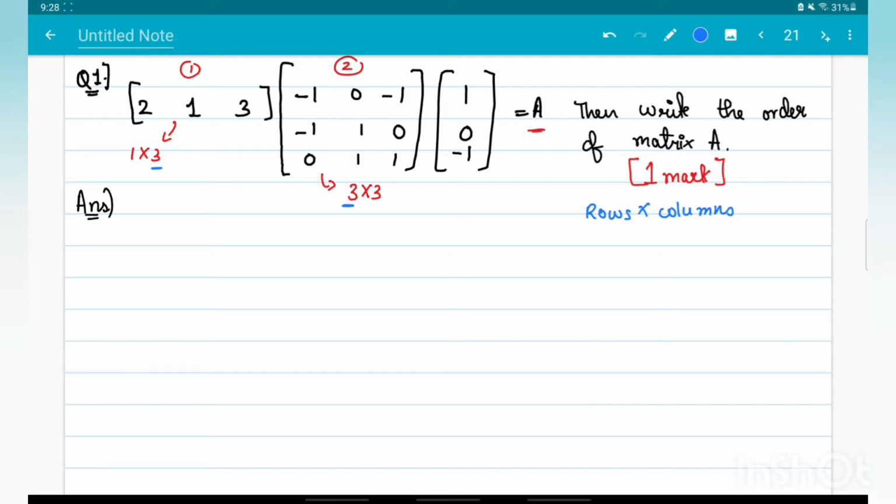In this, there is only one row, and in the second matrix, this is the first column, this is our second column, and this one is our third column. So the second matrix has 3 columns and the first matrix has 1 row. So basically we multiply rows into columns.